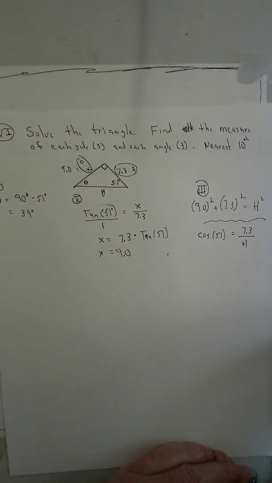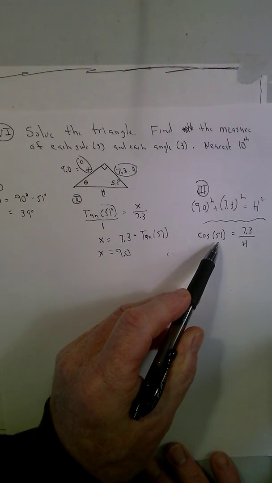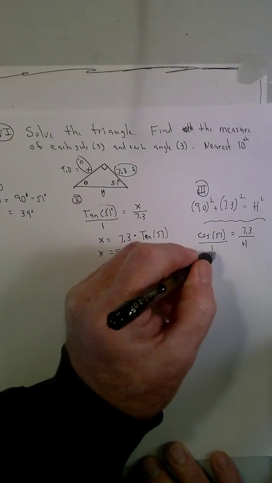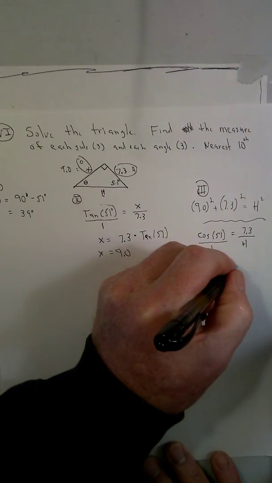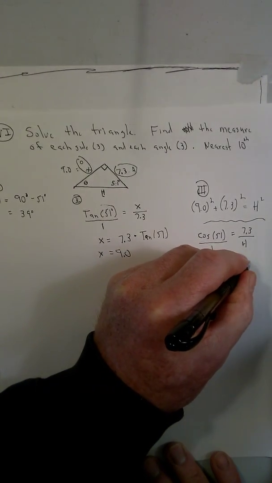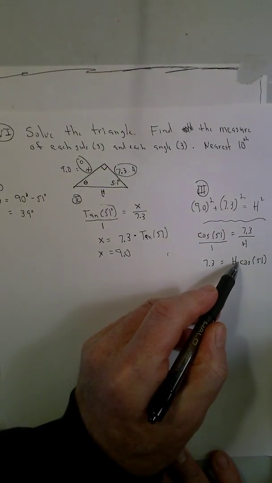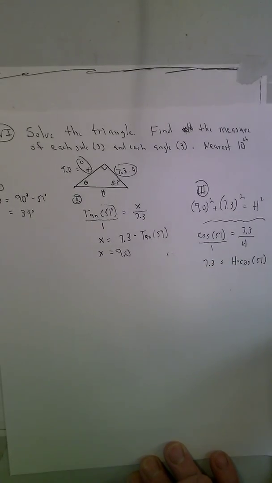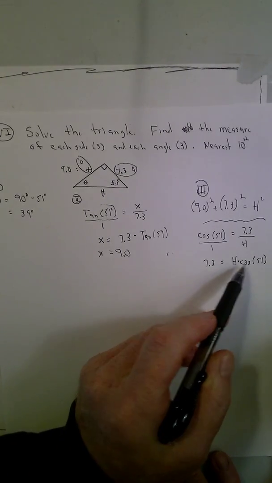Now this is a bummer because I just wrote an equation that's going to make me have 2 more steps. So I think about this as being over 1, cross multiply, 7.3 equals h times the cosine of 51. And you don't have to write a times sign here. It's understood if you don't write it, but I'll put it in. The cosine of 51 is a number. I have a number times h.